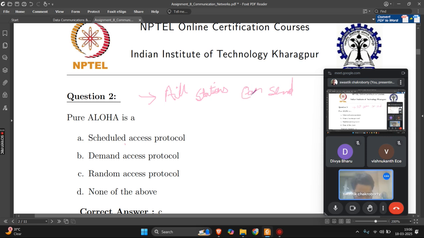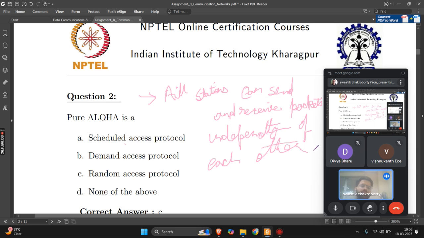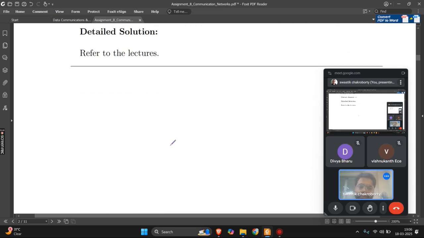All stations can send and receive packets independently of each other. This means it is a random access protocol. It is not working on any schedule, neither is it working on any demand. It's working randomly. So the correct answer is random access protocol.